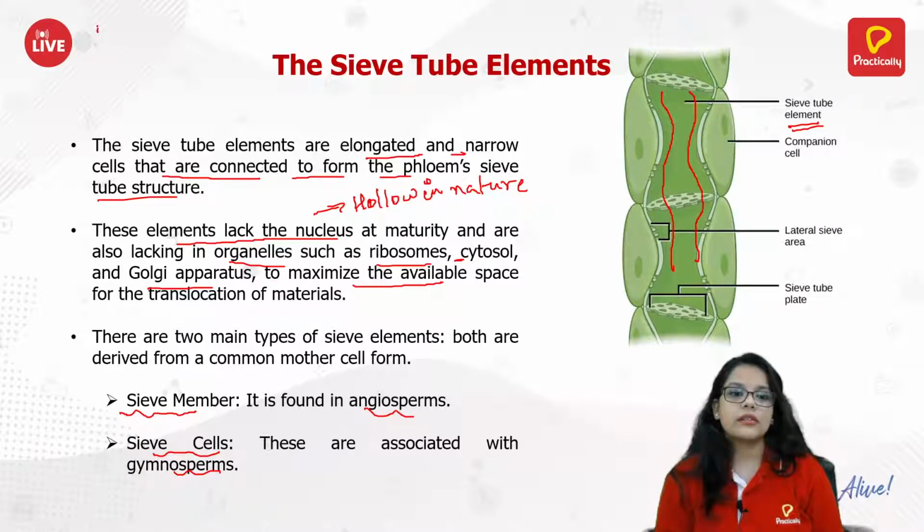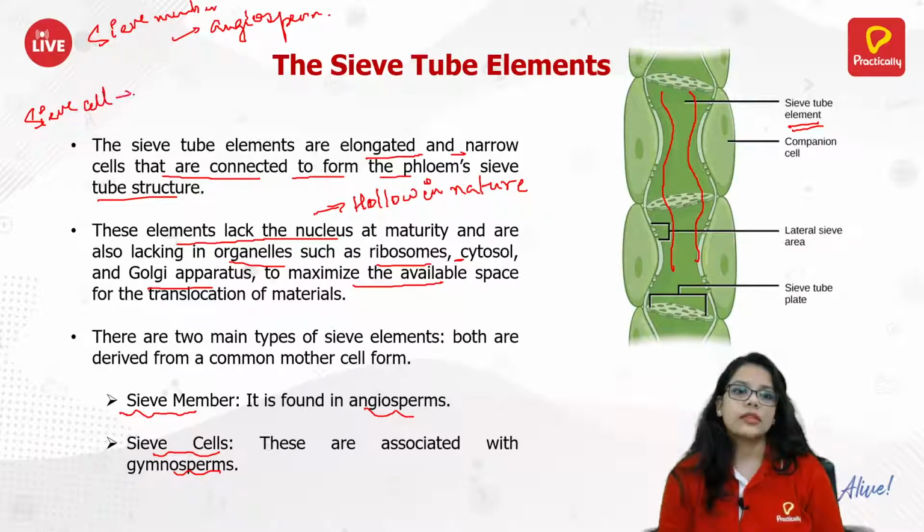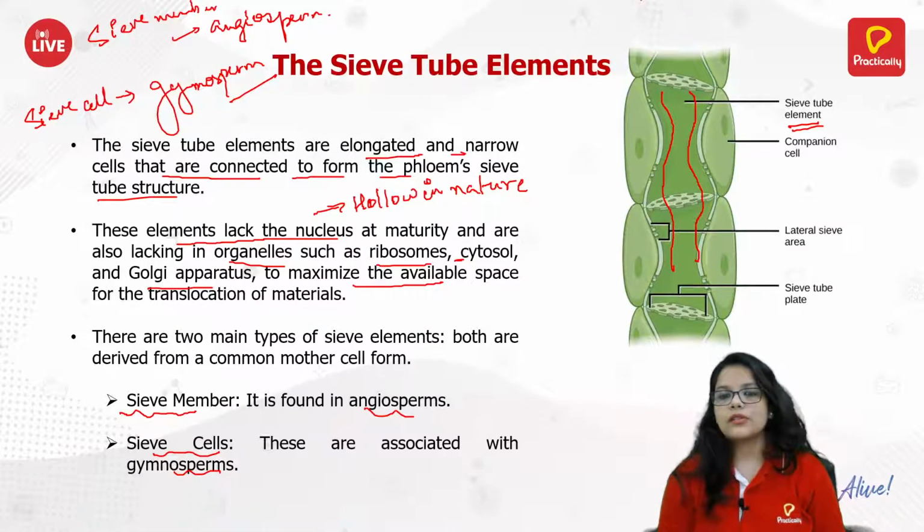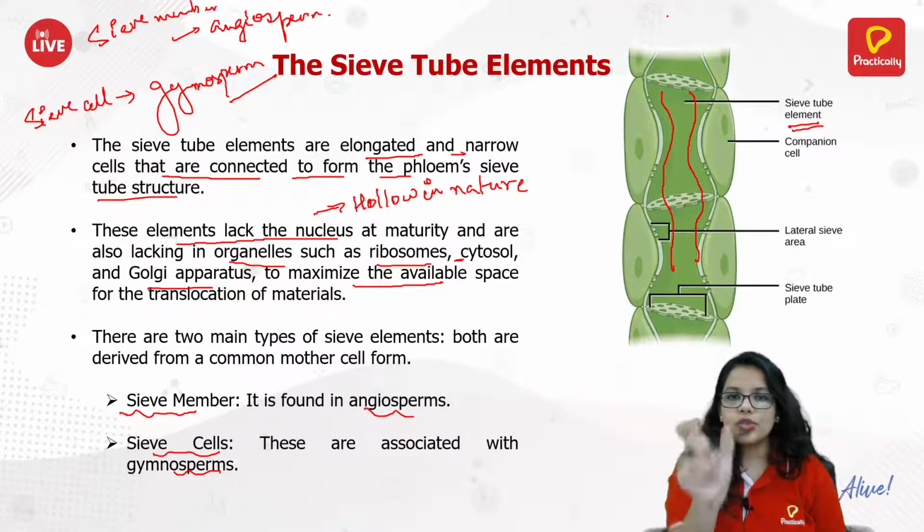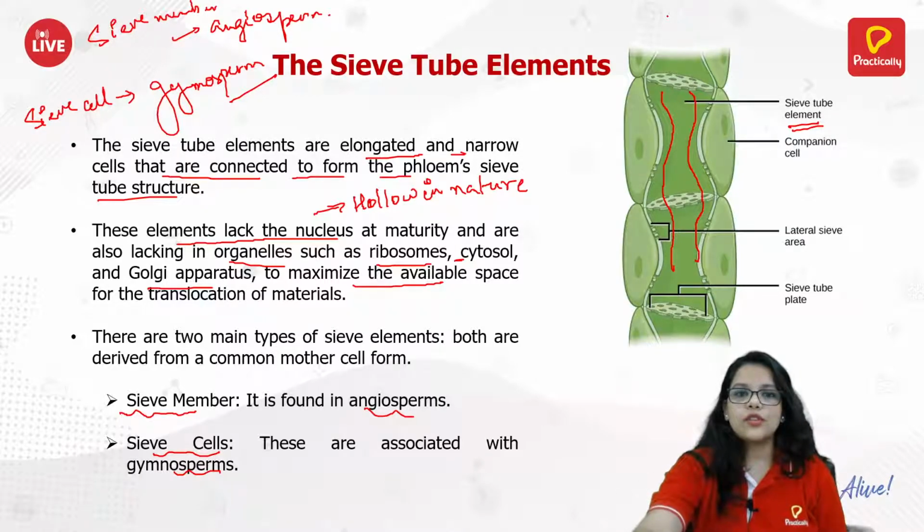If it's a sieve member, they'll be angiosperm. Now if it's a sieve cell, they'll be gymnosperm. So this is what that hollow tube-like structure is, the sieve tube element.